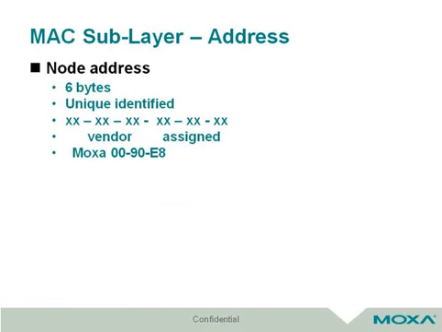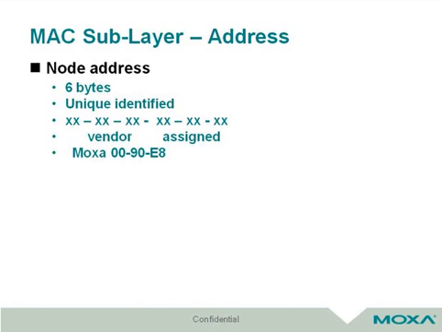The MAC address. Every network device has a MAC address, just like your home address for a postman to give you a mail. The MAC address is the same idea. Every device has a unique MAC address, 6 bytes long. The first 3 bytes are the vendor ID.